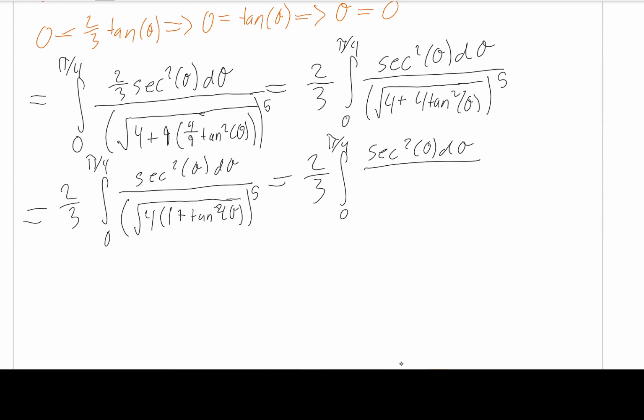And so then this becomes, down on the bottom, the square root of 4 is going to be 2. But it's still going to be inside these parentheses, which means that 2 is still getting raised to the 5th power.